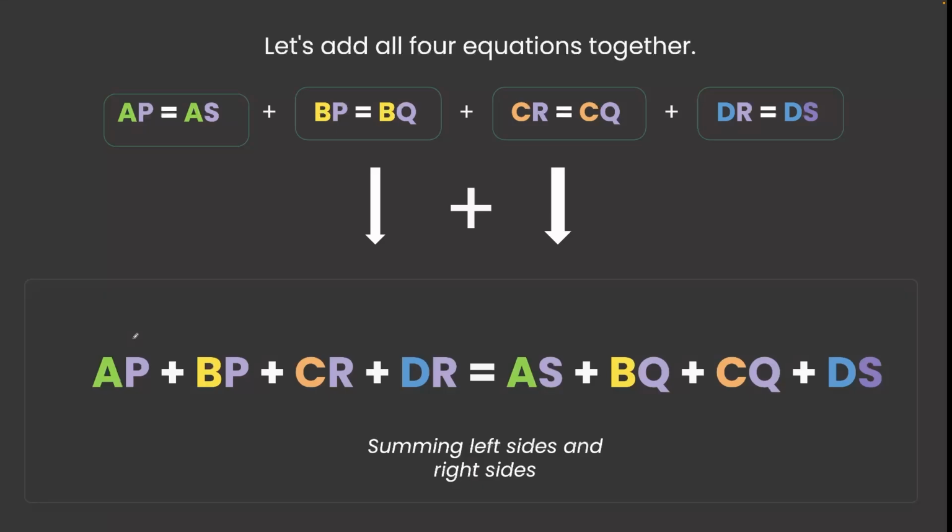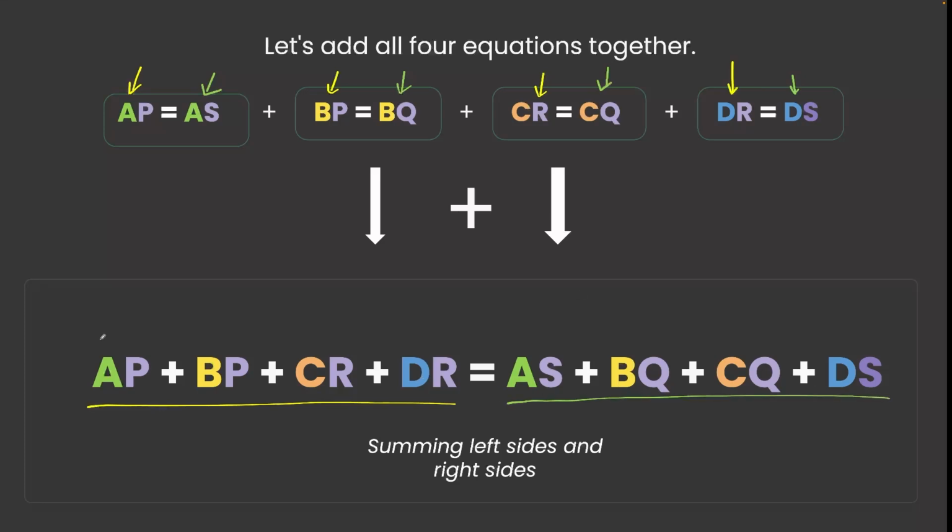If we add them together, what do we get? AP plus BP plus CR plus DR. We are adding all the left terms, AP, BP, CR, and DR, and putting them on the left side, and we add AS, BQ, CQ, and DS, and put them all on the right side.